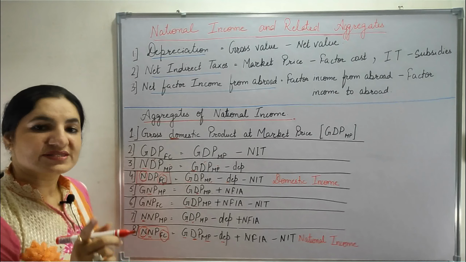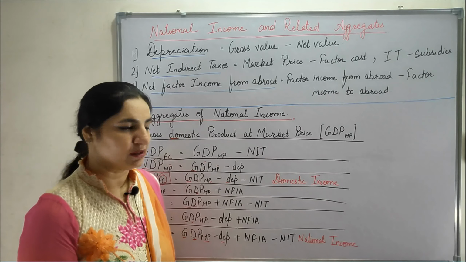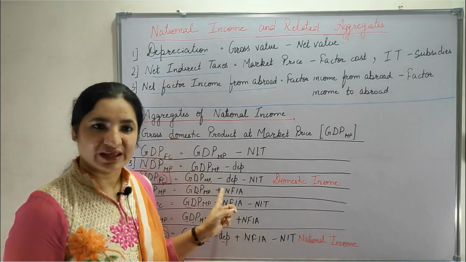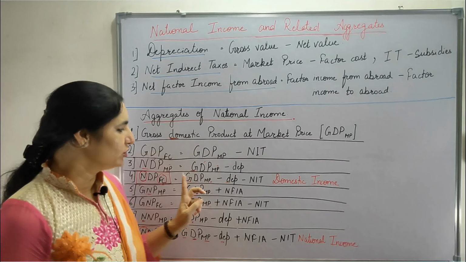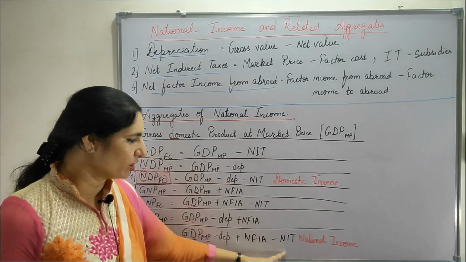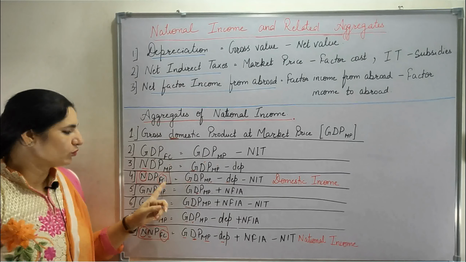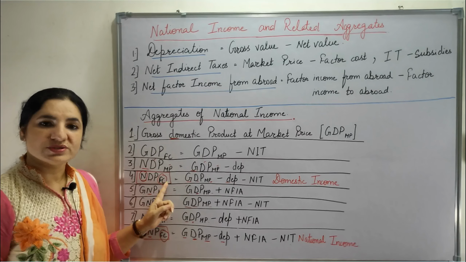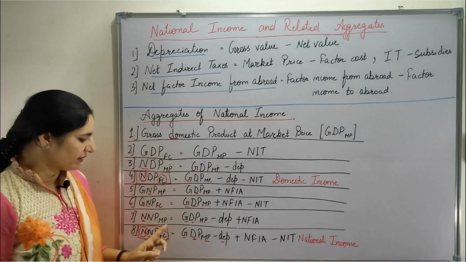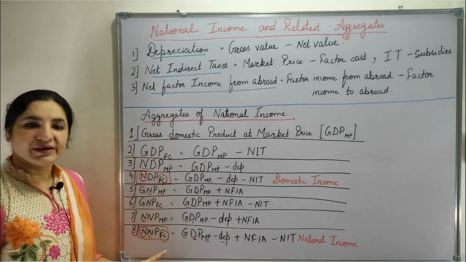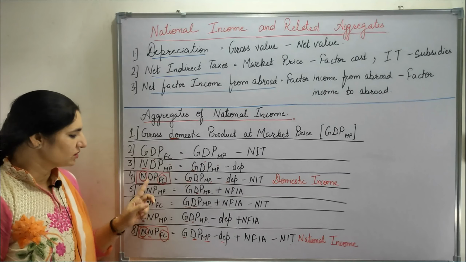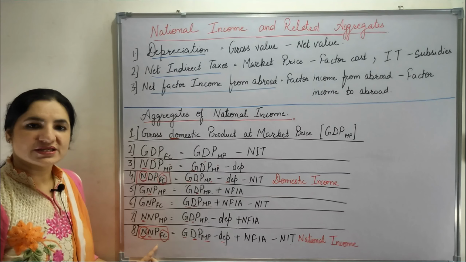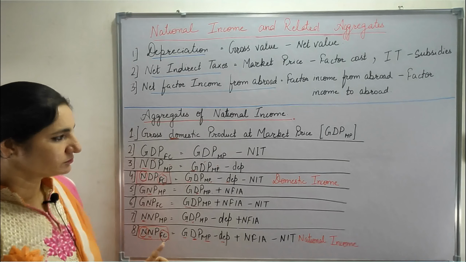It means that always depreciation is to be deducted from the gross values to arrive at net values, either domestic income or national income, and moreover we need to reduce the net indirect taxes so that both appear at factor cost. So this is domestic income and this is national income.